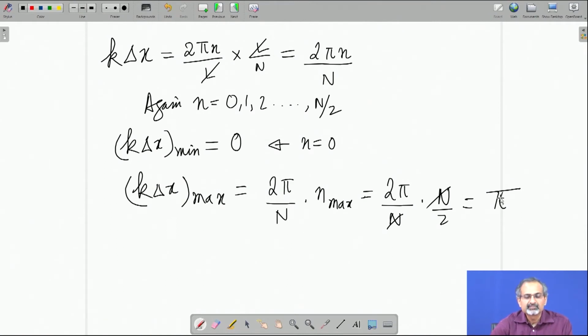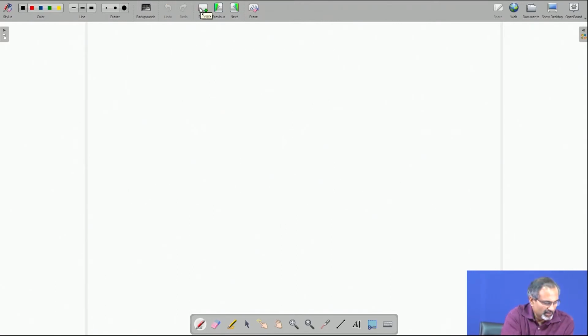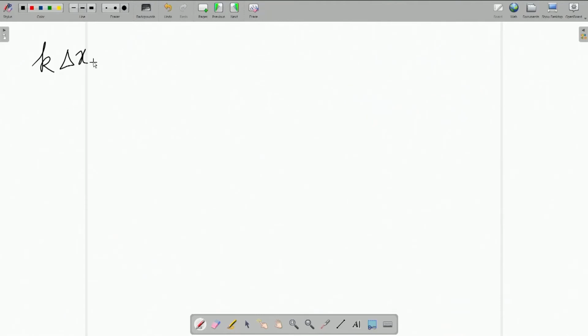So, we have to look at a range of k times delta x spanning between 0 to pi as we look at these expressions of k dash. We can do a few simple hand calculations to do a quick check on this. So, let us try to do that.